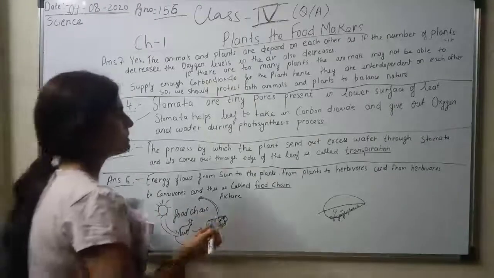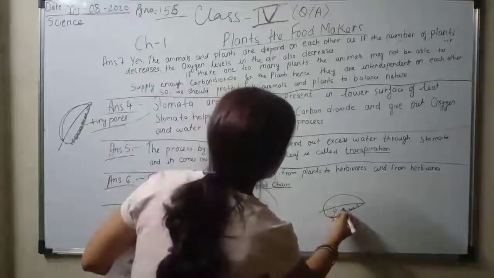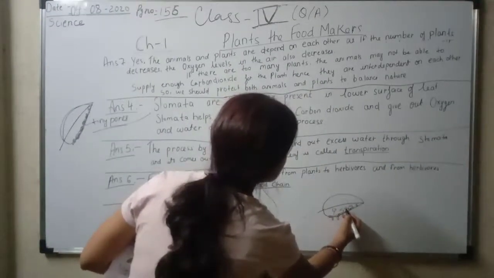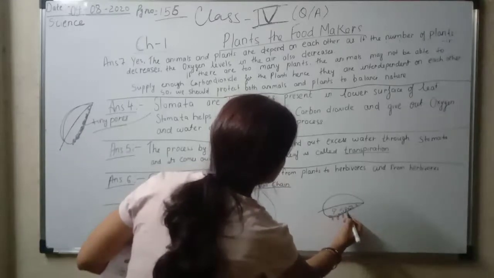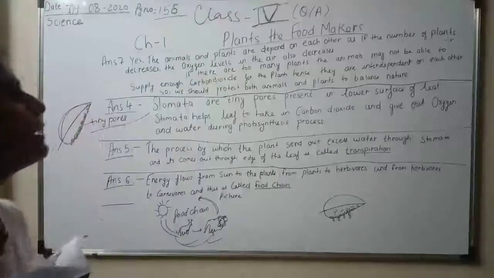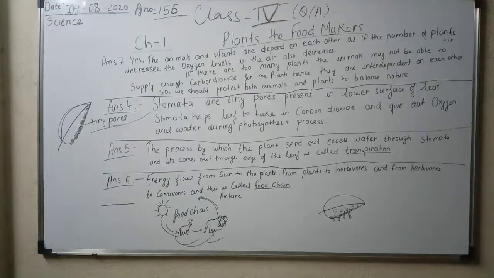Now what happens when excessive water comes out from this lower side of the leaf? This water falls on the edge of the leaf, and through the edge the water droplets come out and fall on the ground. So for this reason I have added one more line to this: it comes out through the edge of the leaf is called transpiration.